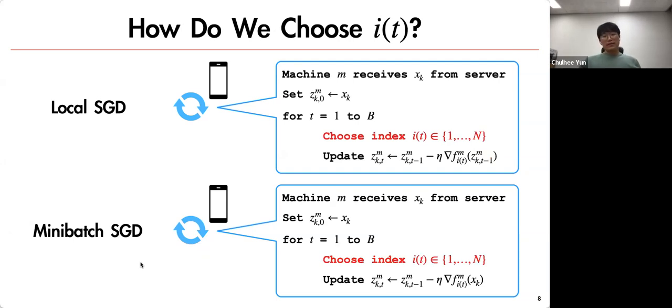And when I was talking about choosing the index I of t from the pool of indices from 1 to n, I kind of swept the details under the rug, right? So I'll next discuss what different approaches we can use, in other words, what kind of sampling schemes we can use to choose these indices.